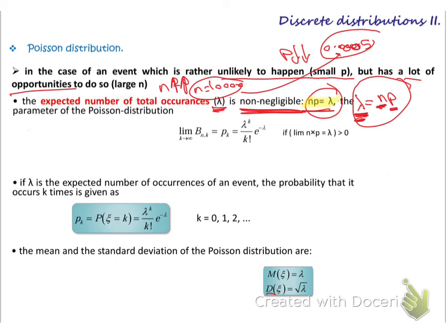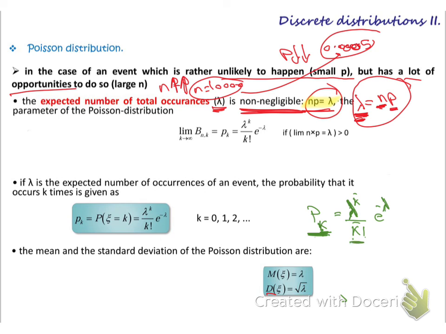Coming to the law, how can we use this lambda to find the probability? This is the law you have to know for Poisson. The probability of k happening, 5 times, 3 times, k times, equals lambda to the power k, divided by k factorial.